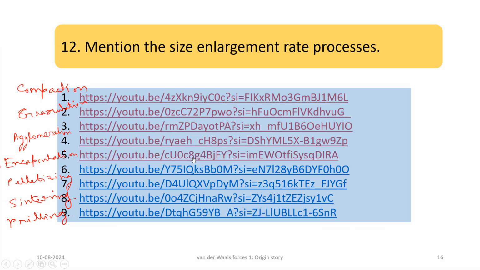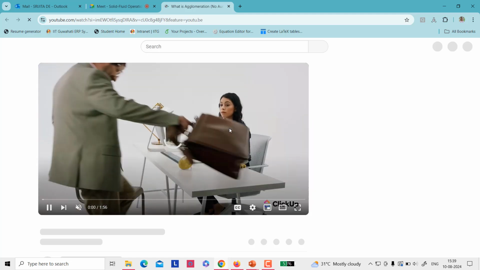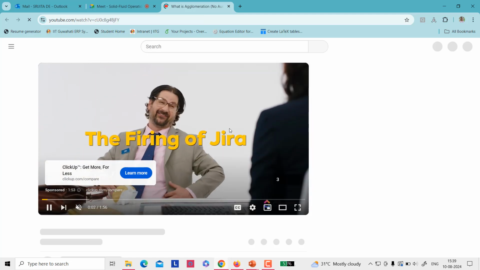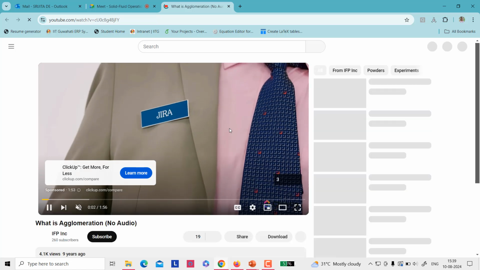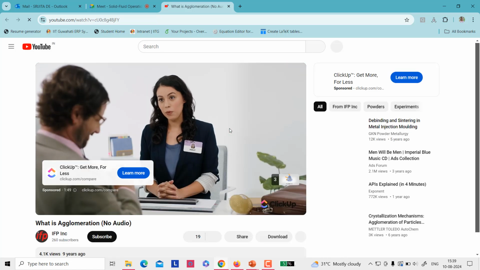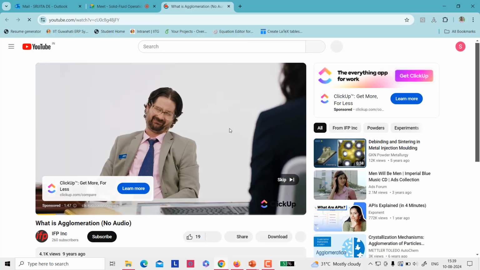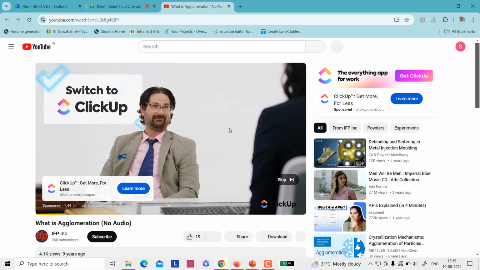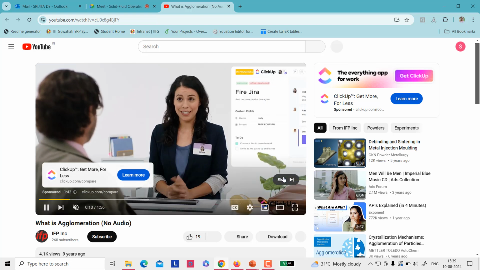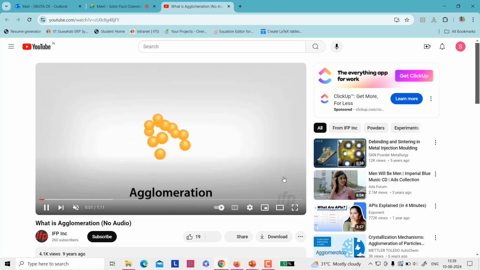Next is the agglomeration. In agglomeration, assemblages are formed in a suspension, and particles are dispersed and connected with other particles to make them agglomerated.